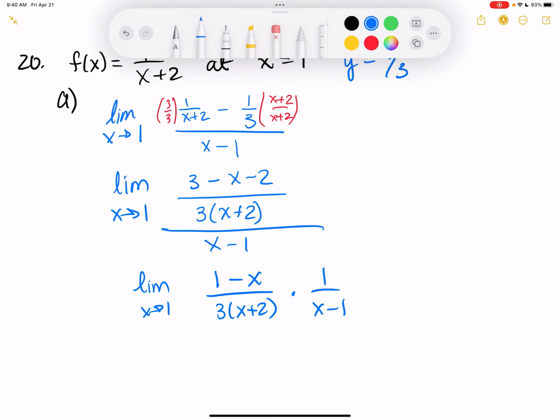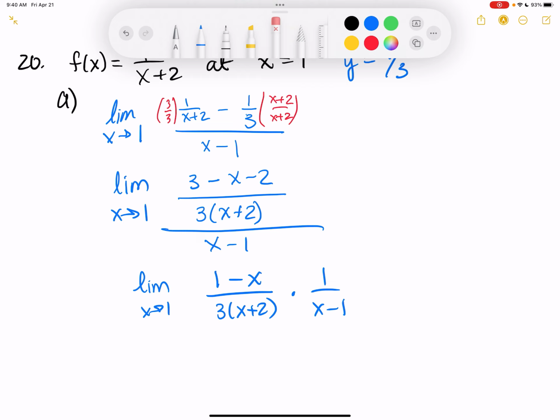If you have a fraction being divided by something, division is like multiplying by a fraction. So I'm rewriting it as a fraction to be able to multiply it and see it better without having to do a million steps.